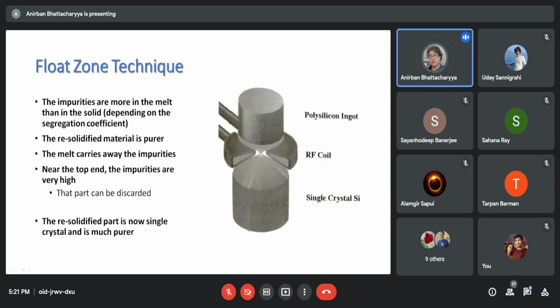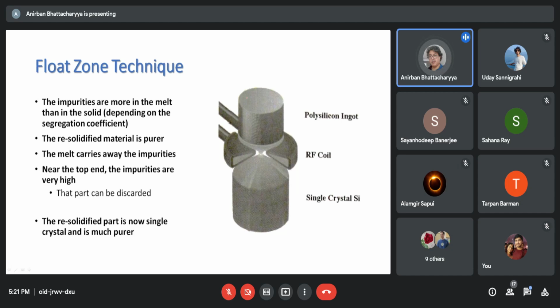And this technique is called the float zone technique. Why float zone? As you can see, the top part of the silicon is floating on a liquid. So this is the float zone technique which is used to purify a rod which has already been made. So the first part is from polycrystalline to single crystal conversion by using the Czochralski method, but it has a whole lot of impurities, both from the ambient and from the crucible.